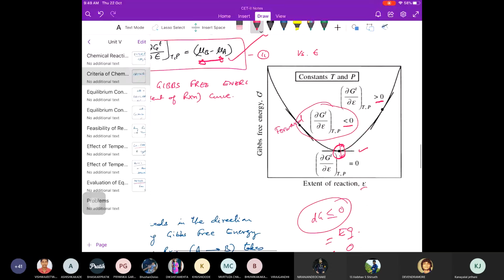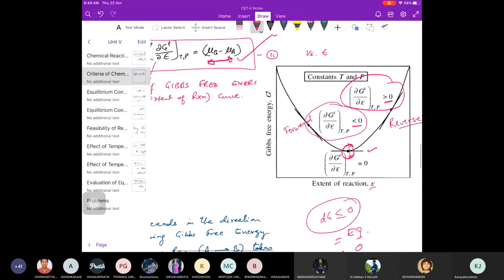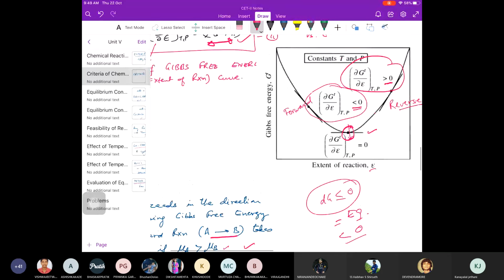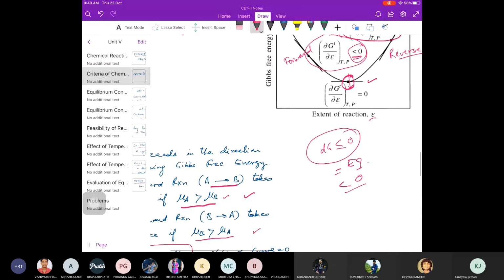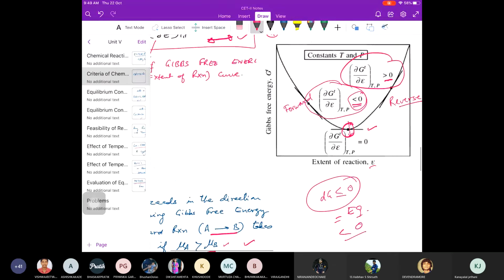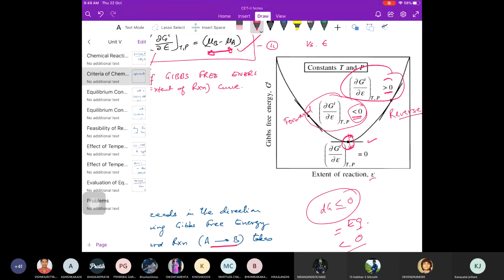This condition, it is reverse reaction. Right? So, this is mu A is greater than mu B. That means this is negative. It is forward reaction. यहाँ पर mu A is less than mu B or mu B is greater than mu A. So this is positive. This is reverse reaction.